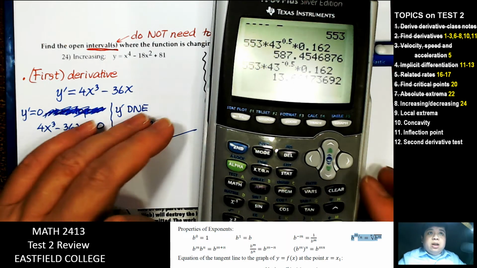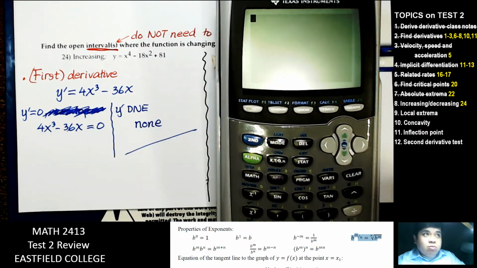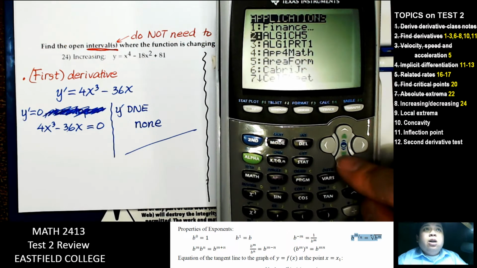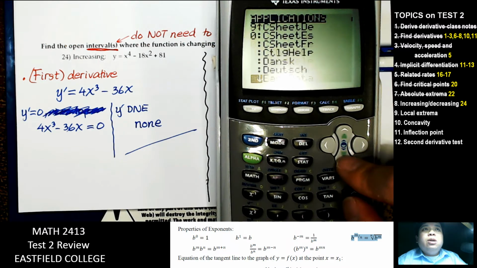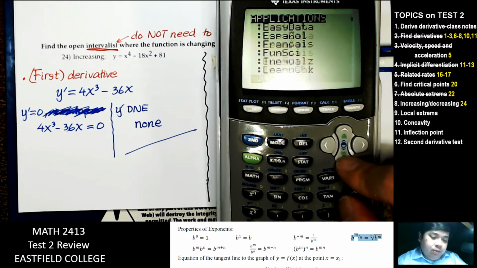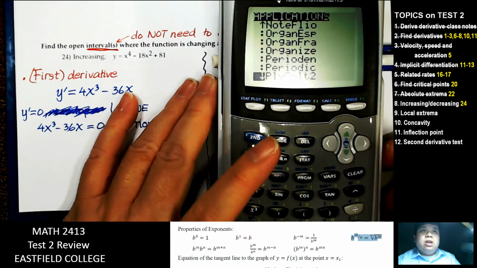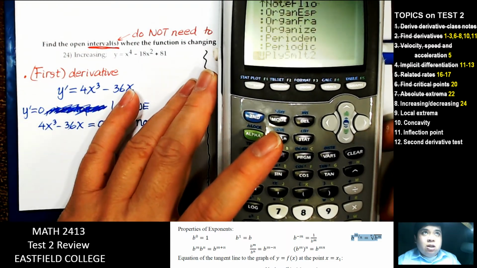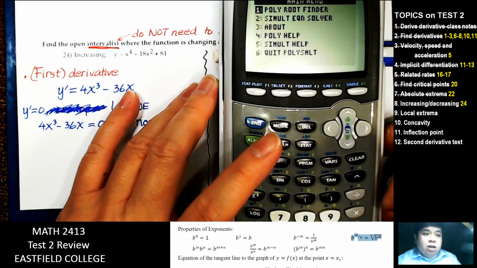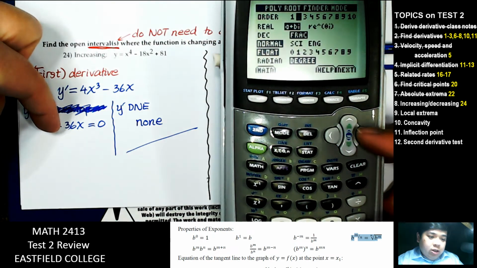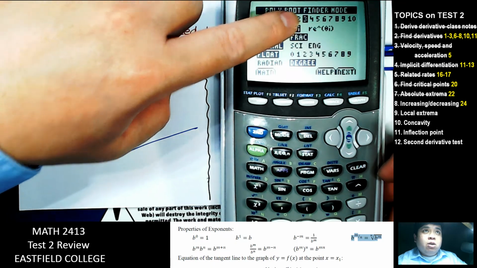So I hit the app key, all the way down to polynomial simultaneous equation. Then the polynomial root finder, the first one, this cubic, so order equal to 3.